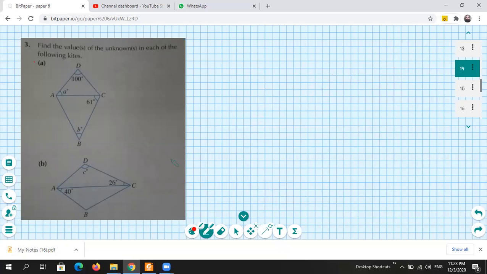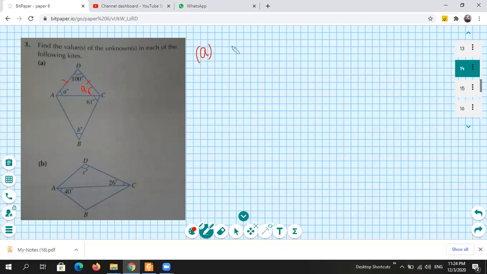Okay, next question. Find the values of the unknown in each of the following kites. So these quadrilaterals are kites. I'm doing part A. In part A, we can see that these two lines should be equal because this is the property of a kite. Adjacent sides are equal in length. So it means if these lengths are equal, this angle should be A, because ADC is an isosceles triangle because of the two equal sides AD and DC.